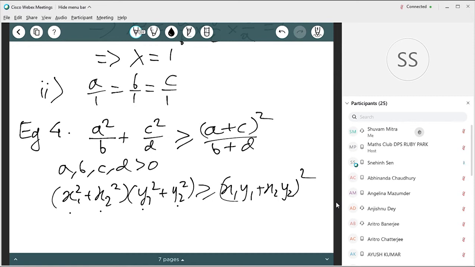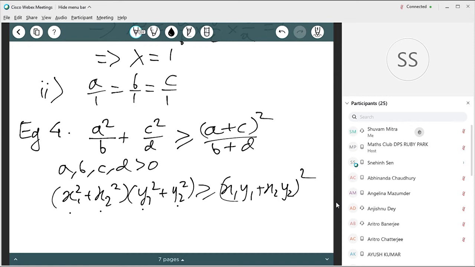So that's what I want over here. You need to give me an idea of how I can use Cauchy-Schwarz directly over here. Okay, then let's assume that you guys have thought.